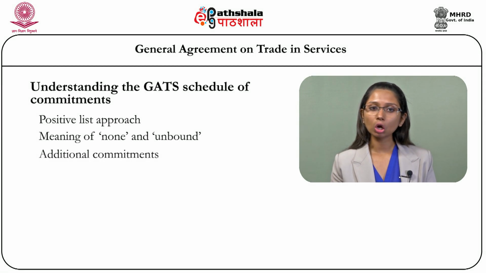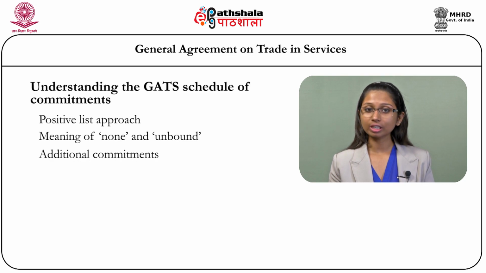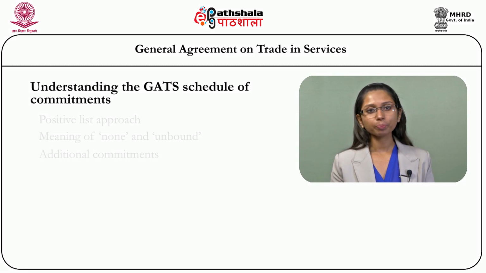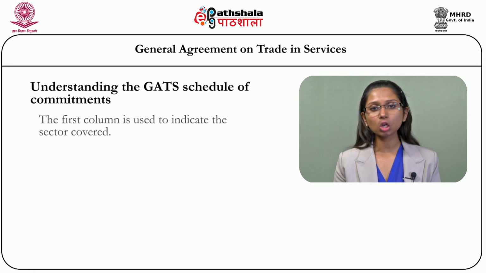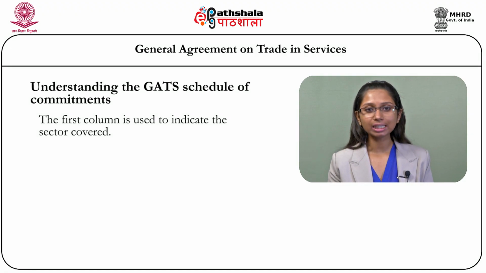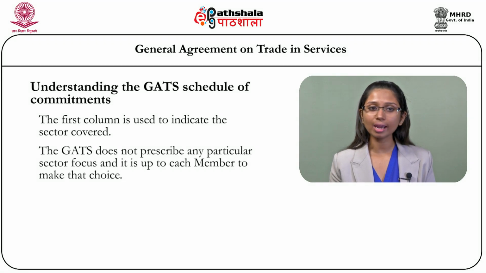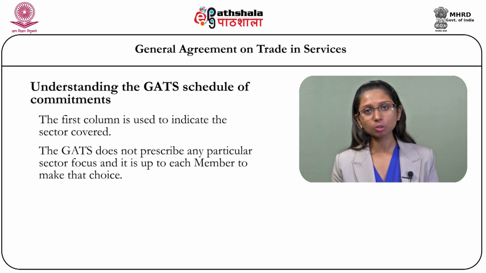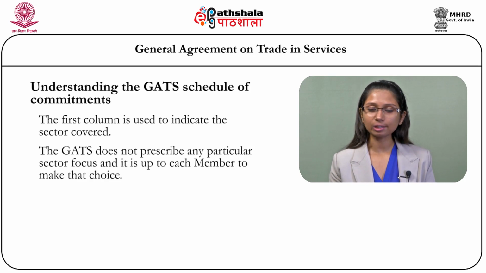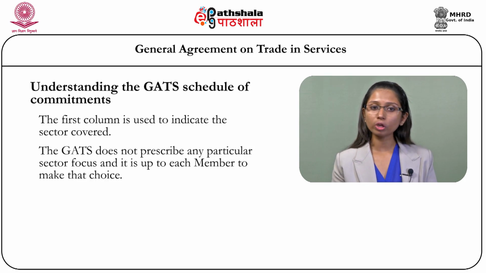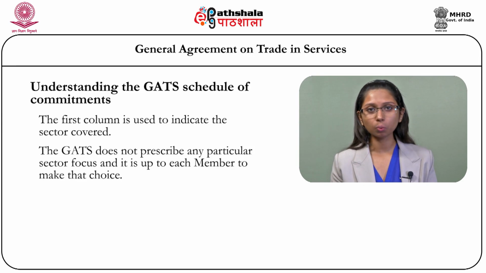Now, if we look back at the graphical schedule that has been presented, we see that the first column is used to indicate the sectors covered. GATS does not prescribe any particular sector focus, and it is for each member individually to decide at its discretion which sector it wants or does not want to include within its schedule.